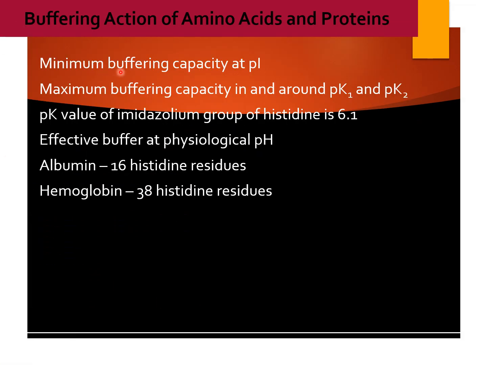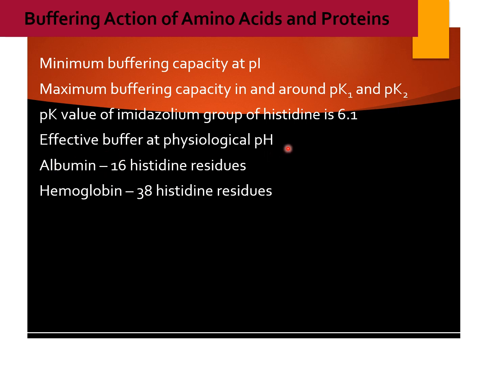So, buffering action of amino acids and proteins. Minimum buffering capacity at PI, and maximum buffering capacity around PK1 and PK2. The pK value of the imidazole group in histidine is 6.1. Keep in mind, it is a very effective buffer at physiological pH.